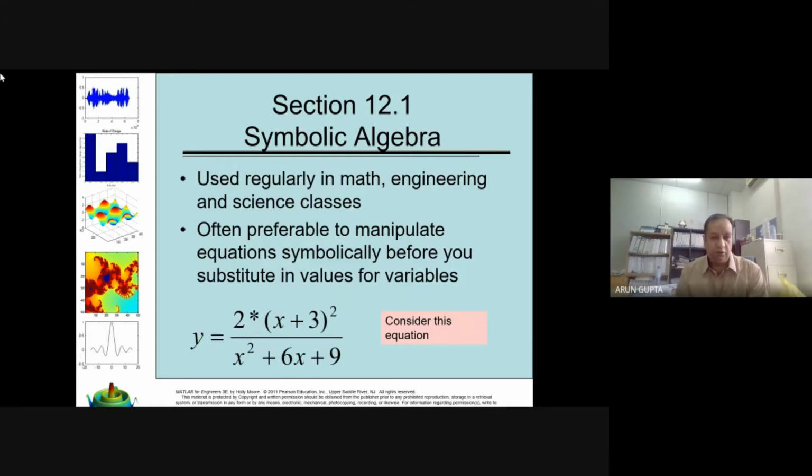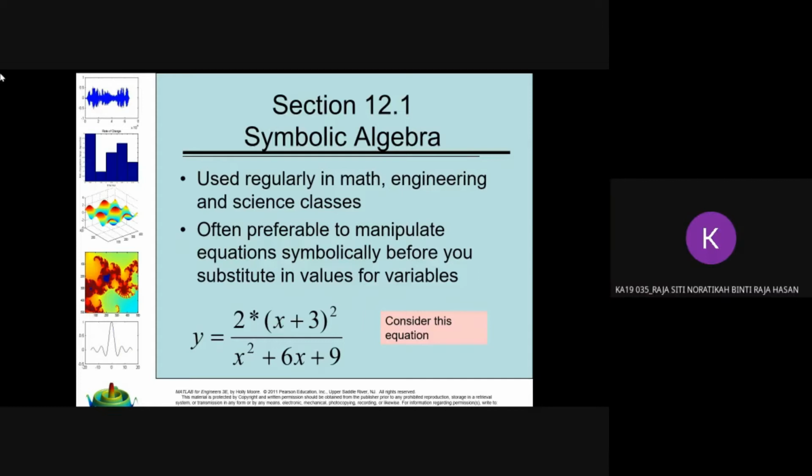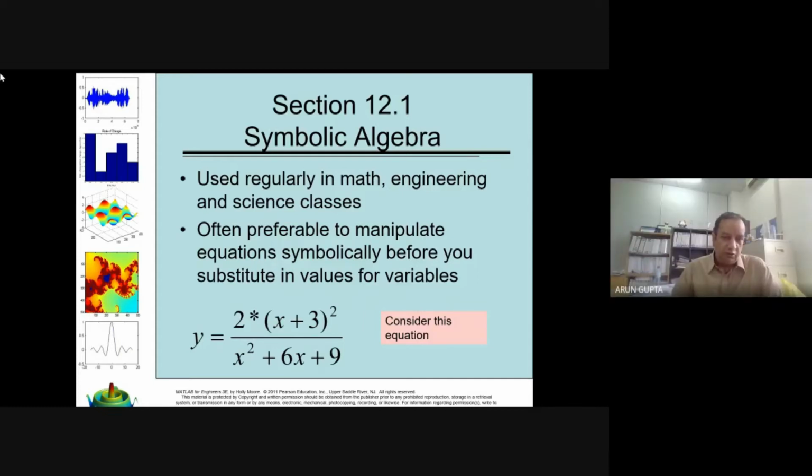Simple equation, you need to expand and then write it down. 2, yes, correct. All right, only one student got 2, or quite a number of students got the answer 2? All right, so 2 is the correct answer.